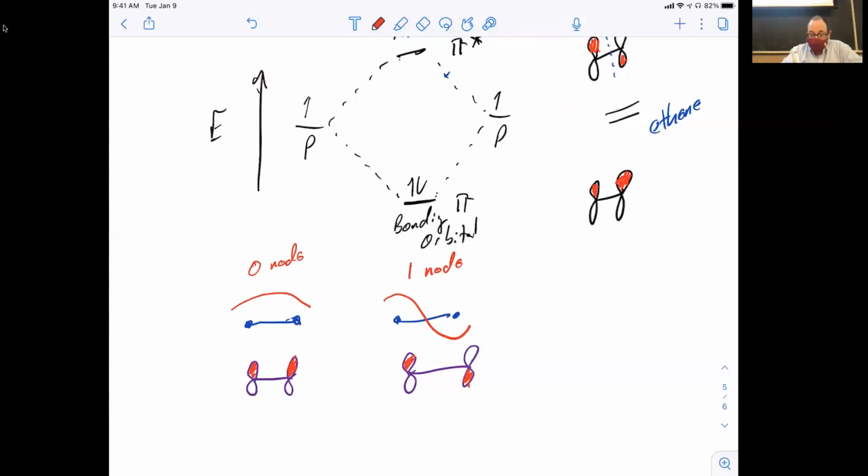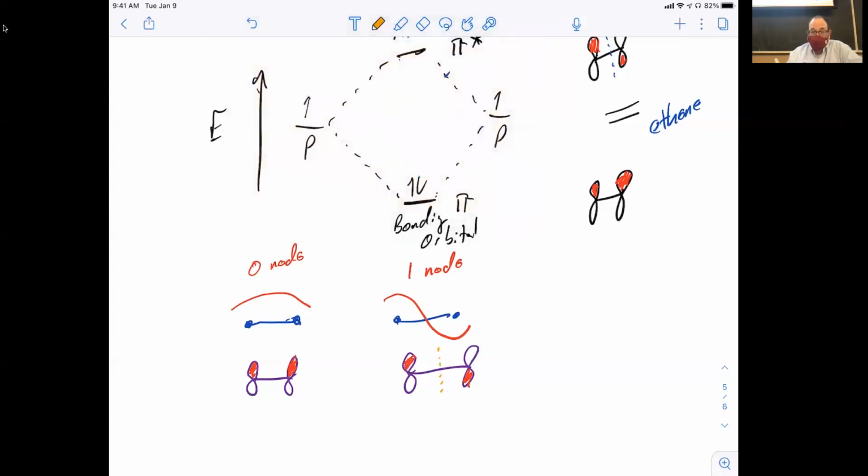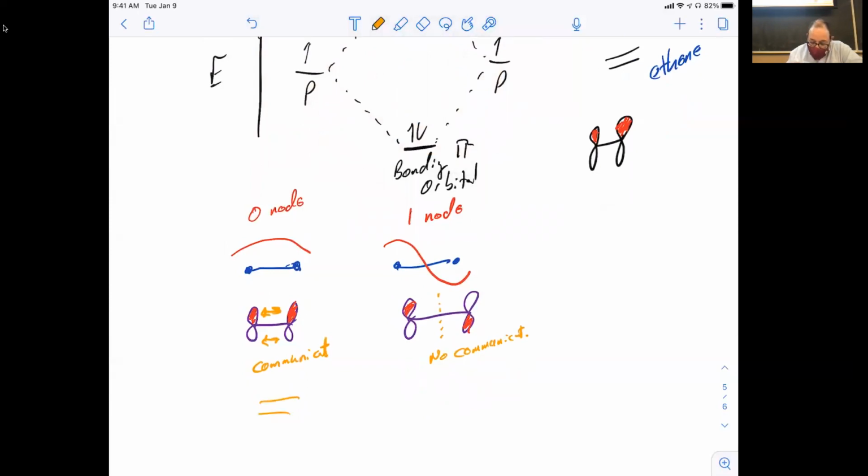Since there's a node here, there's no communication, whereas over here, there is communication. So that one looks like this, and this one looks like that.